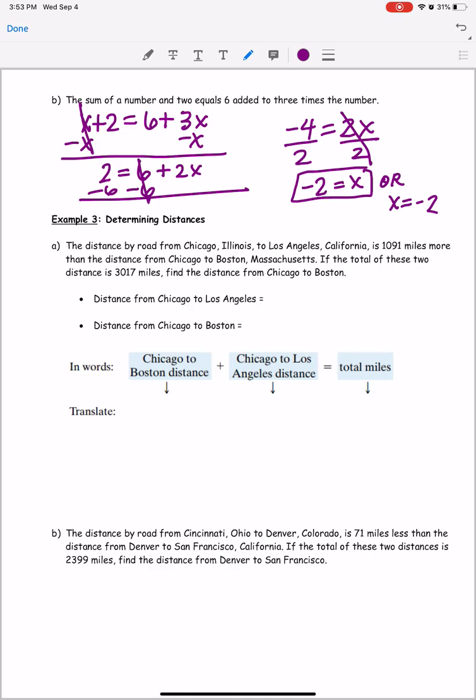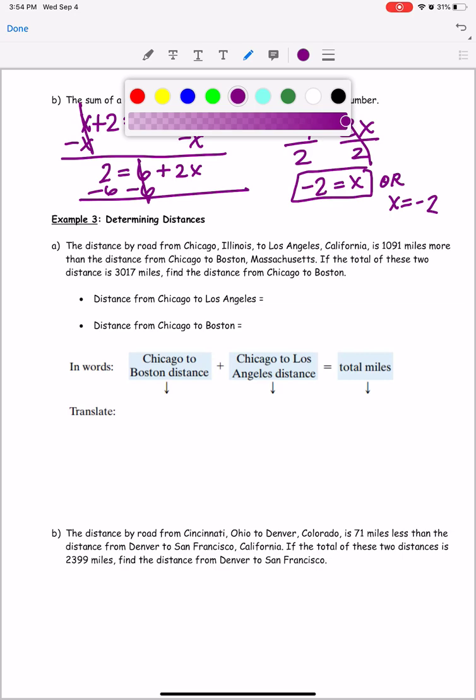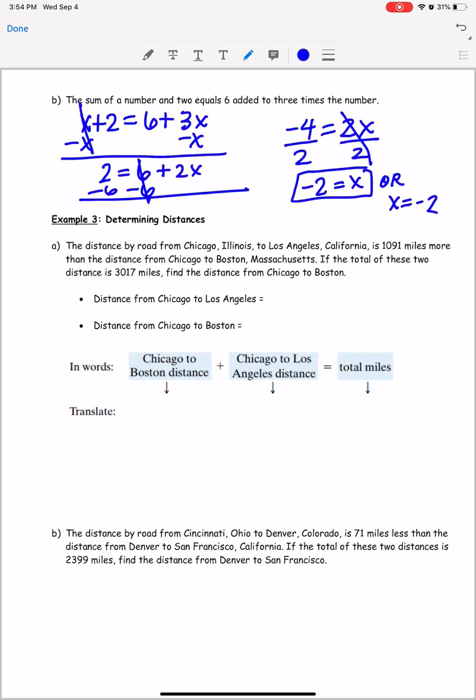So that is all of our equations kind of written out when we are finding the unknown number. Now let's get into the actual word problem portion. Okay, that was still all amateur hour there.